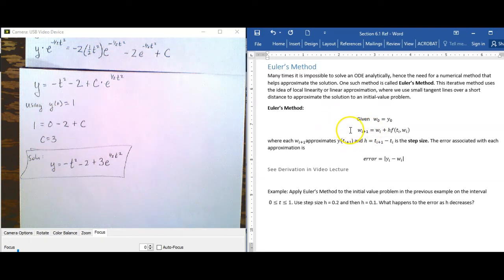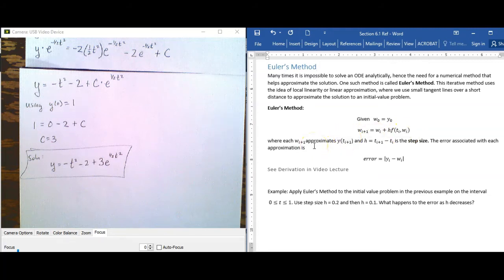So here you can see that the next approximation depends upon the previous approximation plus some h value times the derivative. Remember, f is the value of y prime at t_i and w_i.